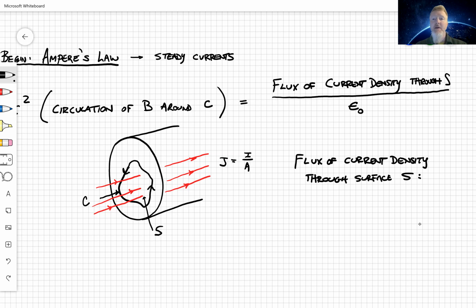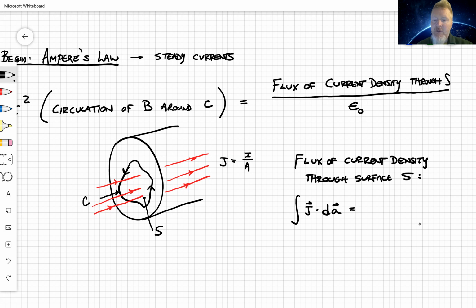It's going to be a flux integral. So we're going to look at the flux of current density. It's going to be an integral of J dot dA, a flux of current density through the surface S, okay?